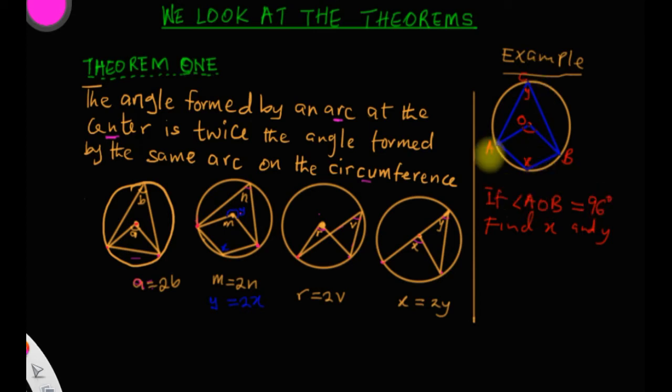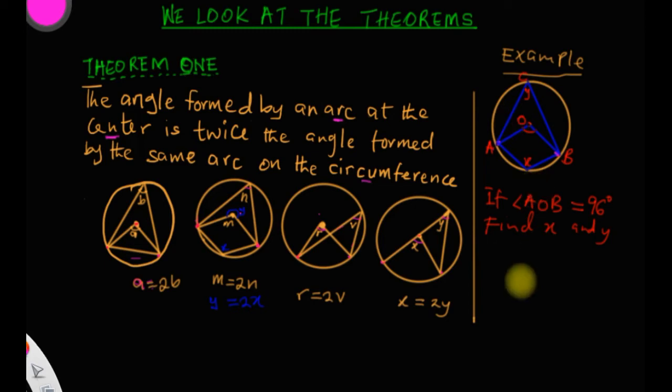So this angle mark here is 96, and we are asked to find S and Y. If this angle is 96, then we know that angle AOB is formed by arc AB at the center, and this same arc is forming angle Y on the circumference.